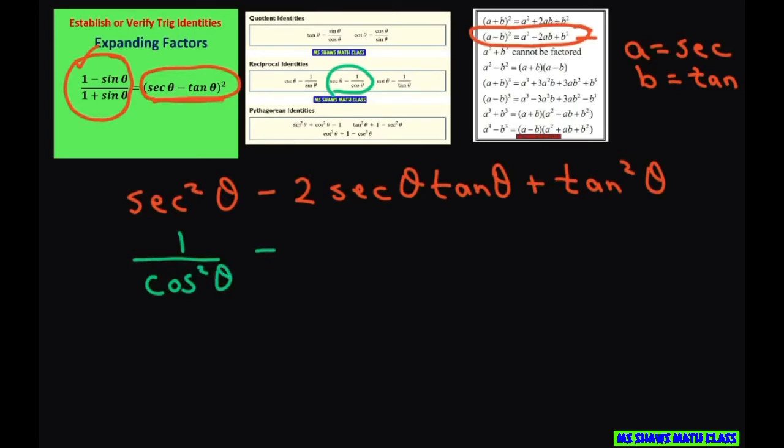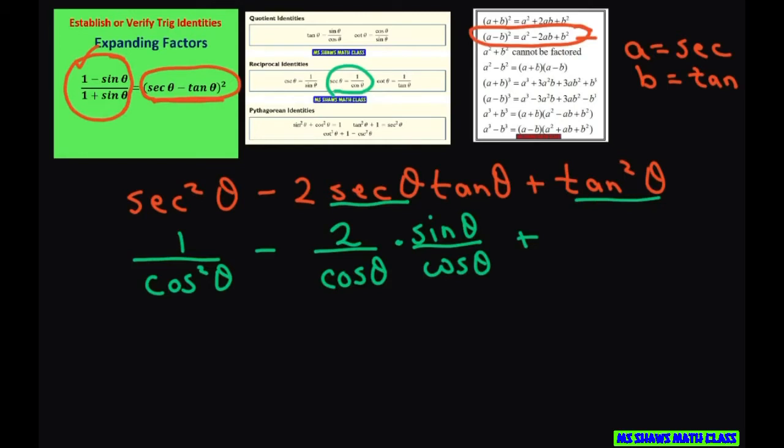And then we have 2 in the numerator, and this is going to be 1 over cosine, times tangent, which is sine divided by cosine. And then we have another tangent, but it's squared: sine squared divided by cosine squared of theta.